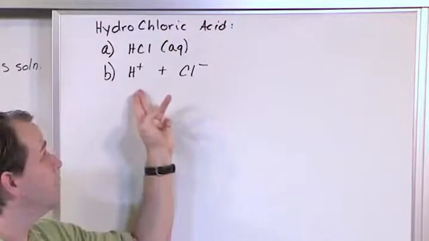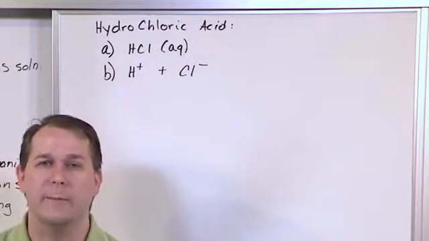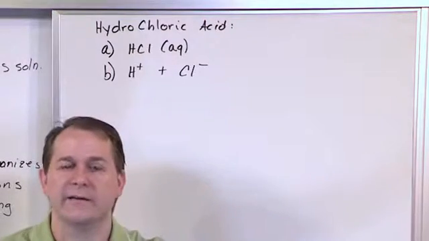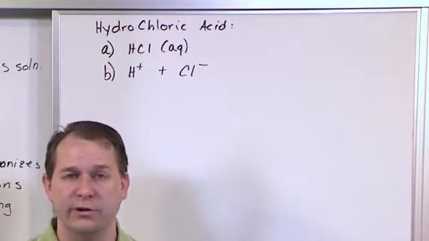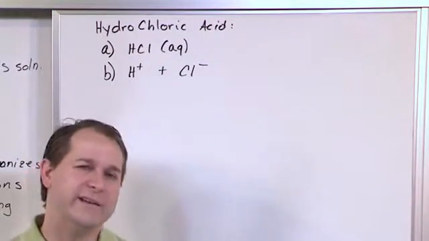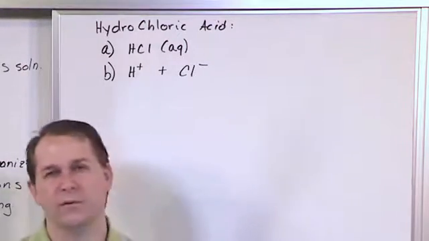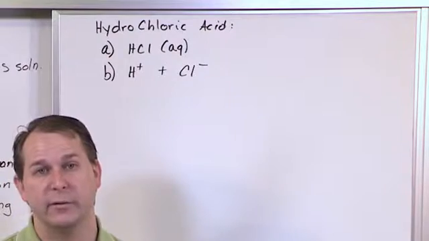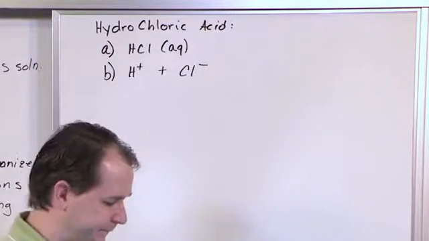And we're going to actually use this form later on when we talk about net ionic equations. When you want to break down every ion in solution and show everything, then you would use B here. But if you're just trying to say, hey, hydrochloric acid reacts with metal, produces hydrogen gas, you might use this form when you're writing your chemical equations. And sometimes you'll see that in your books.